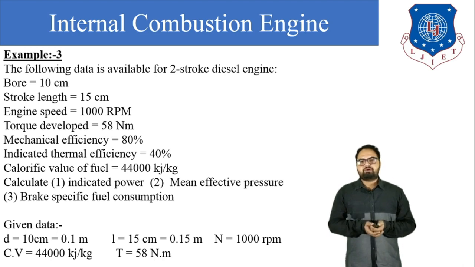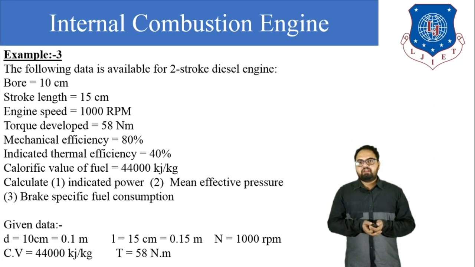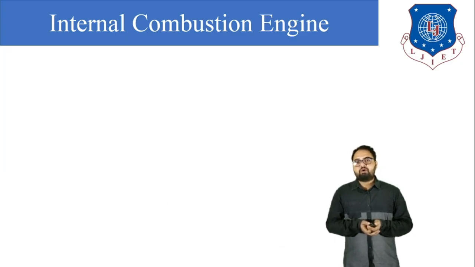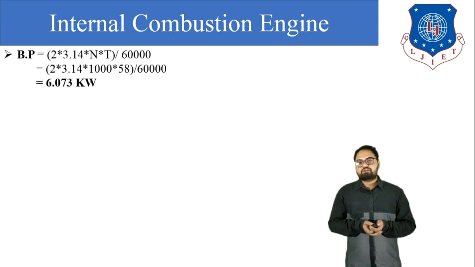First of all we need to find the indicated power, mean effective pressure and BSFC. We have mechanical efficiency and the torque developed, so from the value of brake power we will find the indicated power. First we will find the brake power, and after that the indicated power.